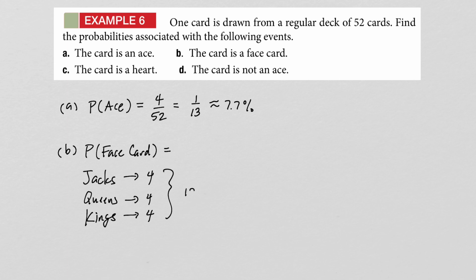So there are a total number of 12 face cards in a deck. So the probability of getting one of those is going to be 12 out of 52. And if you reduce this fraction, you get 3 out of 13. And 3 divided by 13, if you change that into a percentage, you get about 23%.